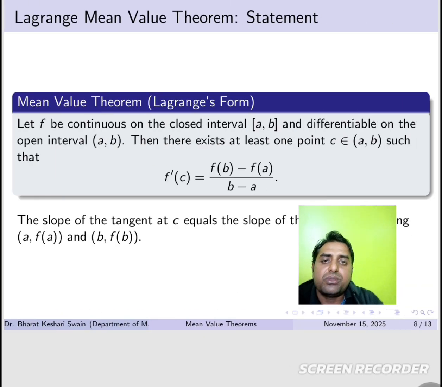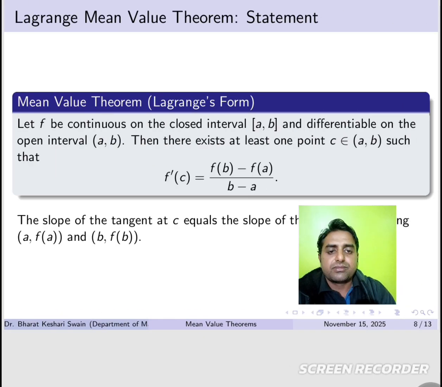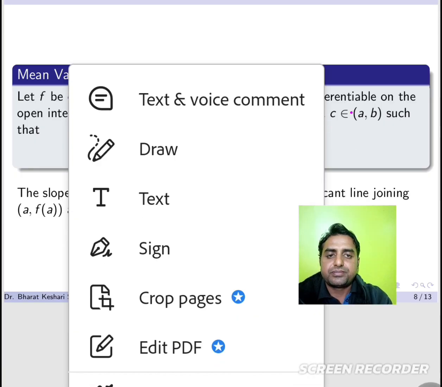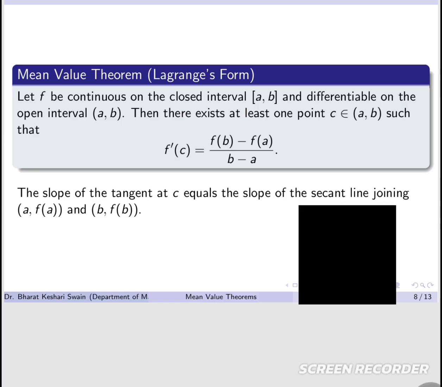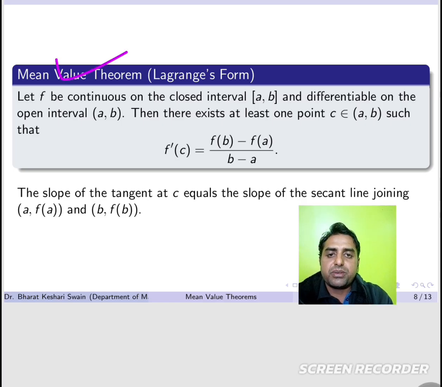Okay, next come to Lagrange mean value theorem. So, what is the statement of the Lagrange mean value theorem? Let f be continuous, same type of statement, in the closed interval [a, b].